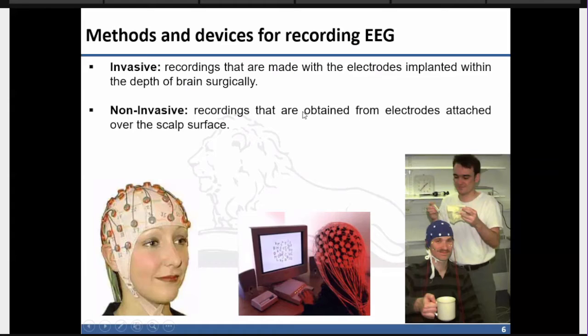Fine. So you have these non-invasive devices. In these non-invasive devices, you have devices with different kinds of electrodes. Some devices will be of one electrode, some devices are two electrodes, 32 electrodes, 64 electrodes, like this. And accordingly, the price also varies.